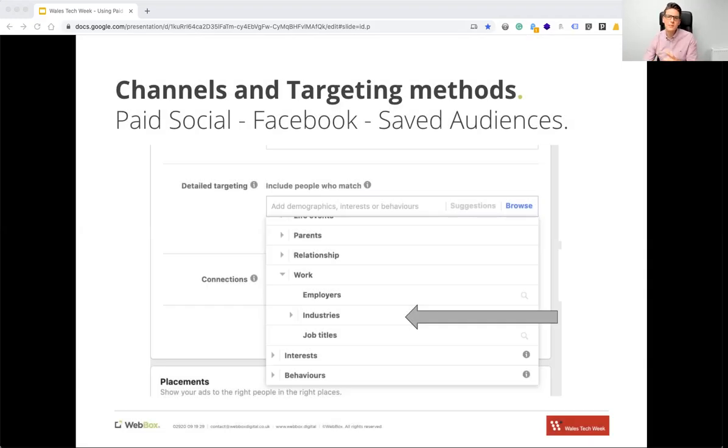Furthermore, if you're in the business-to-business space and you don't think Facebook is relevant for you, it's worth noting that you can enter a wide set of interests related to your product or ideal client based on their job, seniority or interest, or industry. For example, you could target people based on the company they're working for, or the industry they're working in, or even the job title that they've shared with Facebook. So often people look at Facebook as a great channel to target a consumer, but I would challenge that today and say that it does also work in a business-to-business setting, or as we said earlier, people to people.